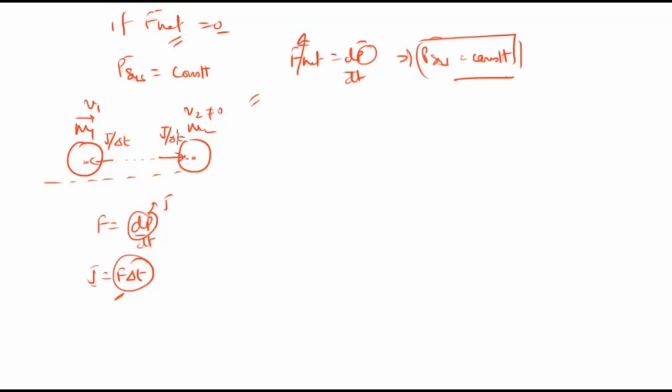If I'm talking about the whole system, these two forces cancel because they act in opposite directions with the same magnitude. They form the action-reaction pair from Newton's third law. So I can still say F net on the system is 0 and the momentum of the system remains constant. We'll be using this concept extensively in the problem solving session and in the further discussion of momentum.